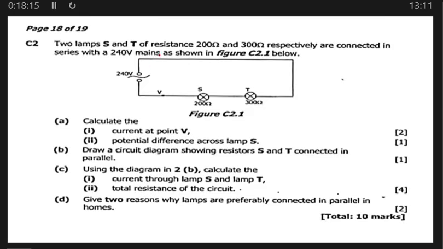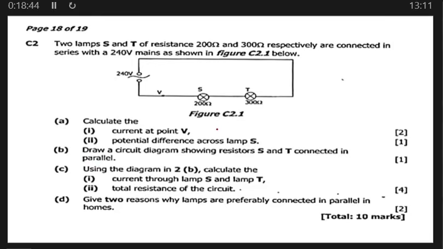Then A says calculate one, current at point V. So we need to calculate current at point V. Then 2, potential difference across lamp S. So we need to know the potential difference across lamp S. Then B, draw a circuit diagram showing resistors S and T connected in parallel.